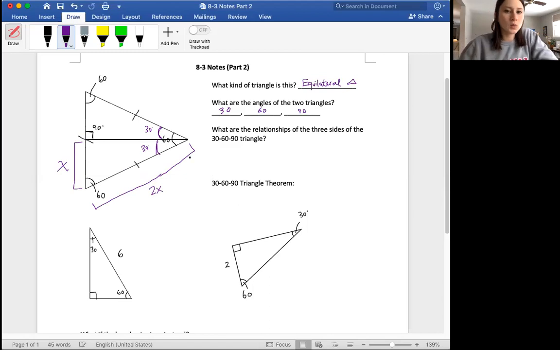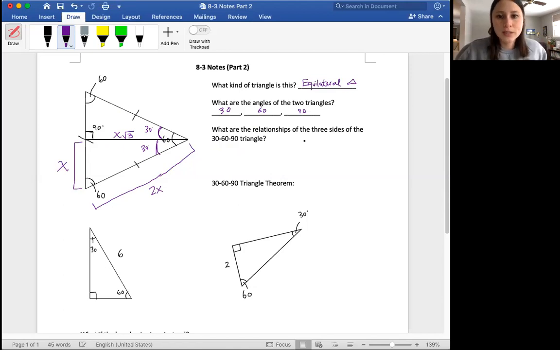And then if we wanted to work out the Pythagorean theorem to find the third side, we could. And so long story short, basically this height of the equilateral triangle, or what we call the long leg, is x times square root of 3.